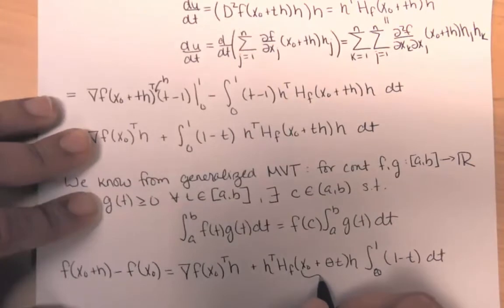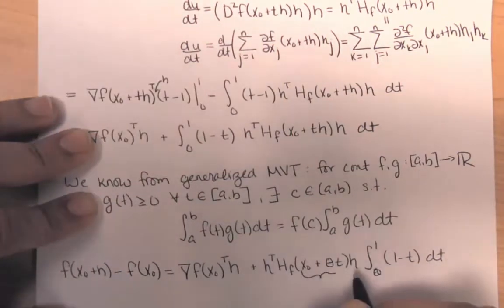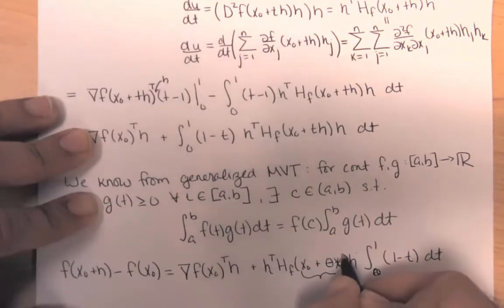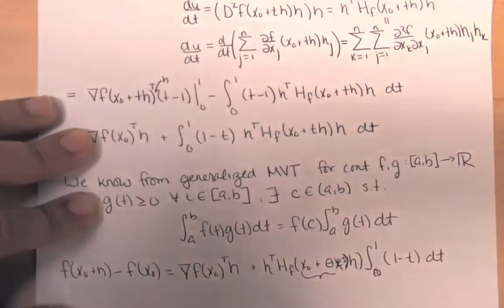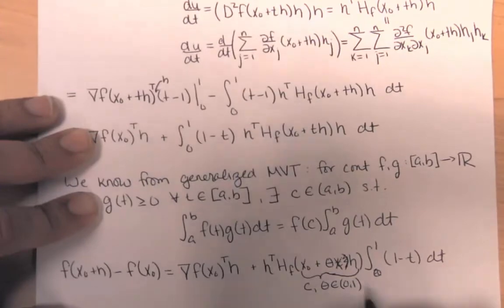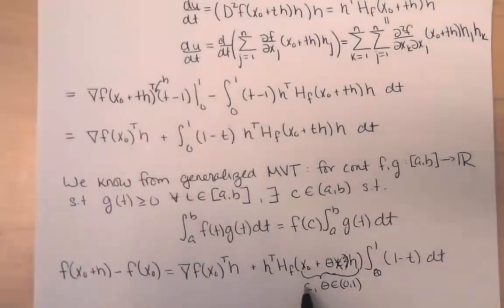Now we're going to call this vector c, right, where theta is in the interval 0 to 1. Right, we can see that c is between x naught and x naught plus h.